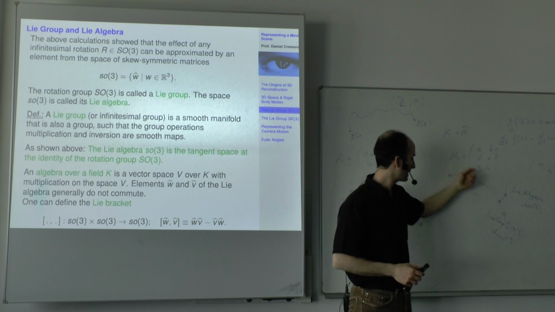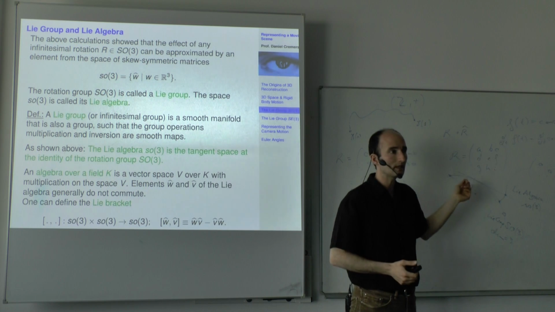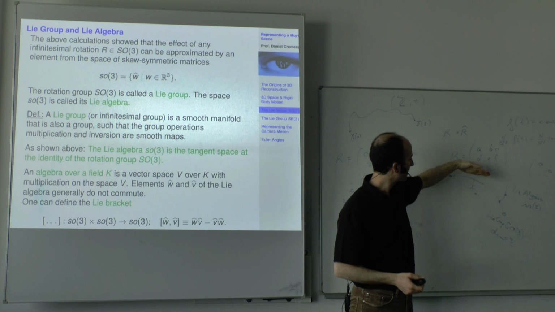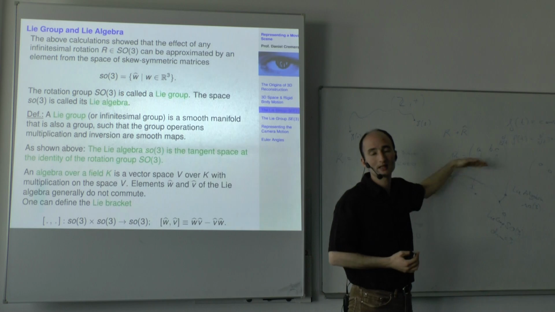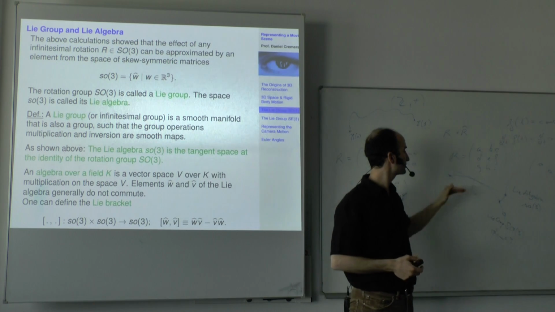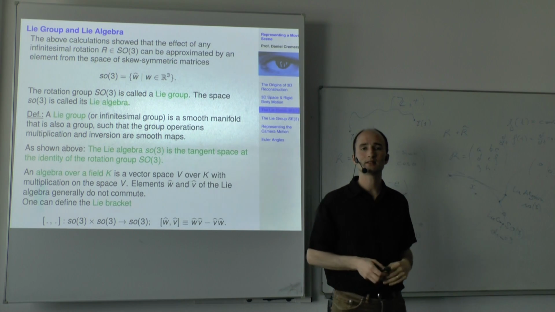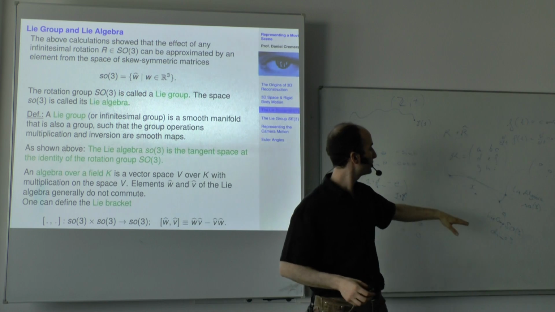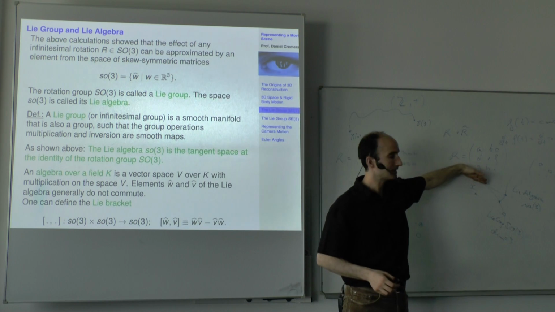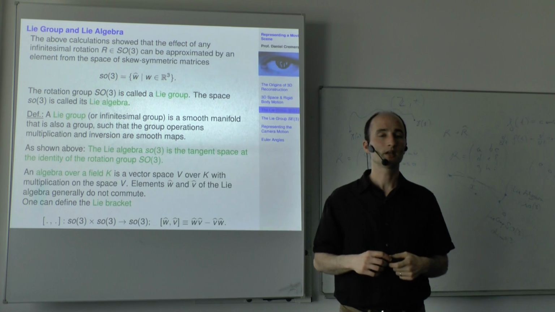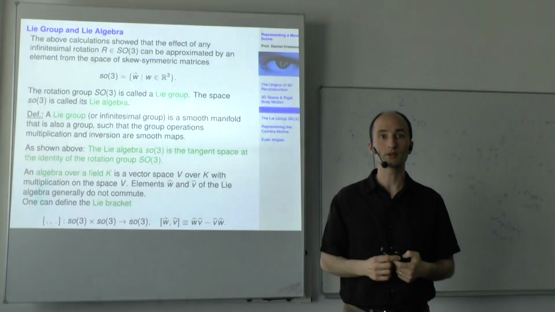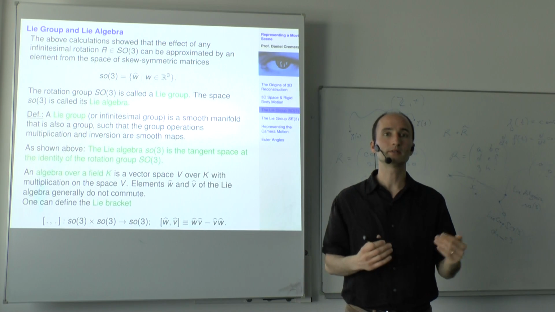Any group has an identity element, a unit element, and if it's a Lie group, I can define derivatives and tangent spaces, and so I can always construct a tangent space at the identity. And for any Lie group, the tangent space at the identity is called its corresponding Lie algebra, and that is an exact construction. It's a derivative.